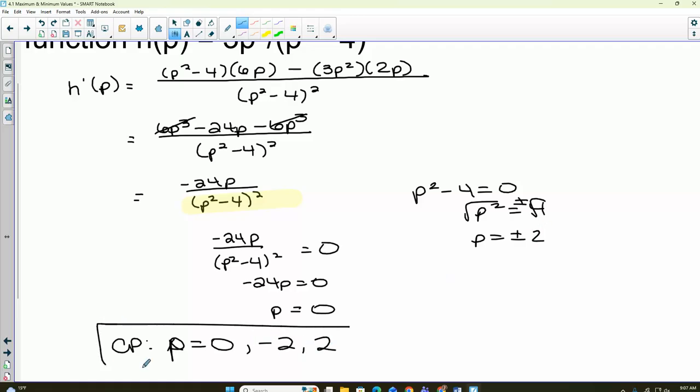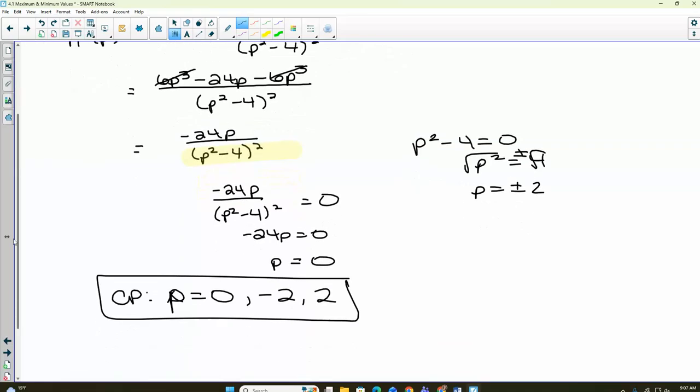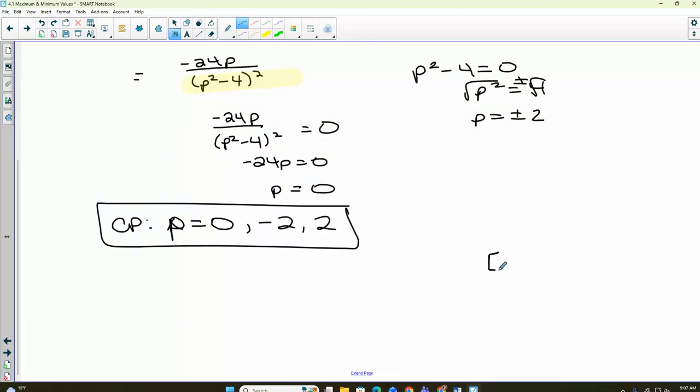So this one had 3 critical points. I didn't ask you to find the max and min. I didn't give you an interval to look at, but you certainly could if we had an interval. What if I just said on the interval -1 to 3?